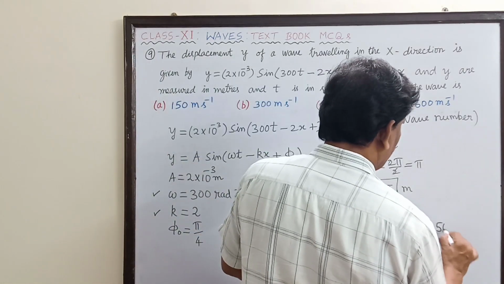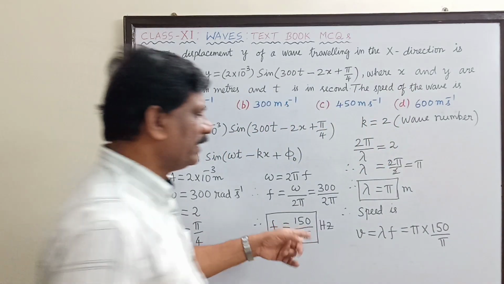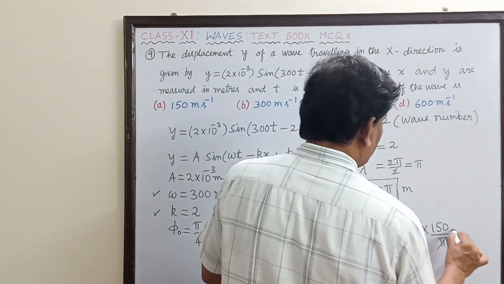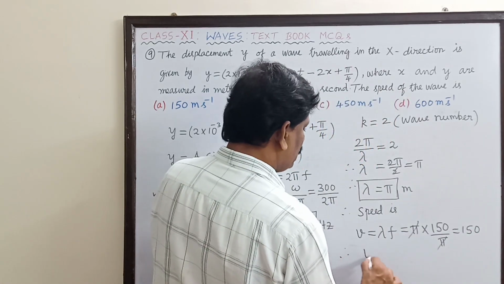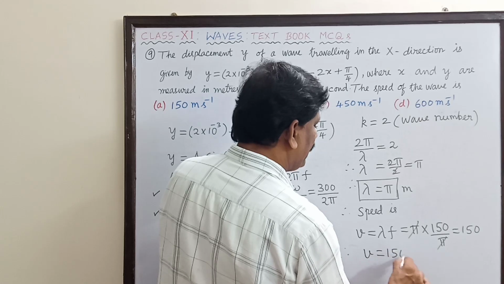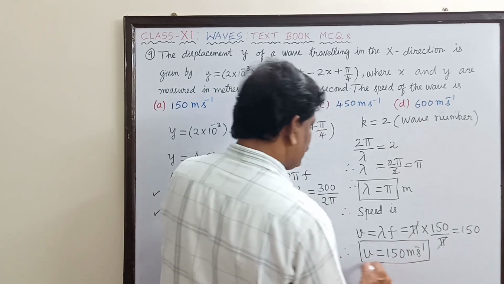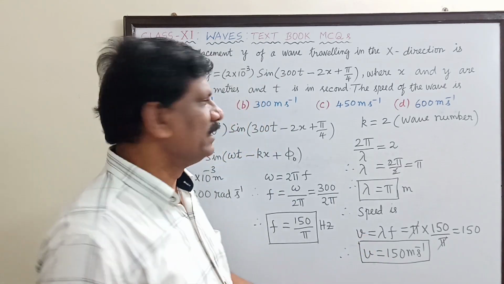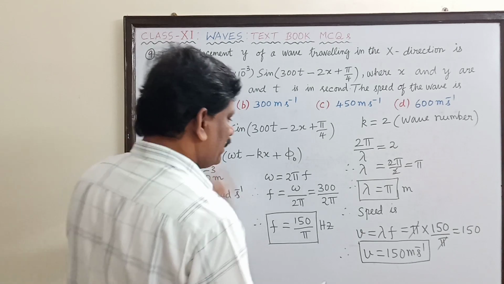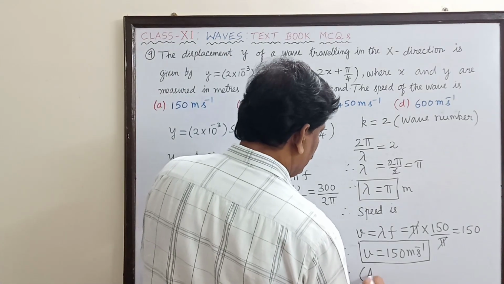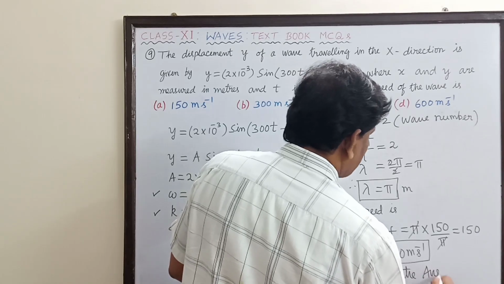So pi and pi get cancelled. Therefore, the velocity is equal to 150 meters per second. So this is the required answer. Option A is the correct answer.